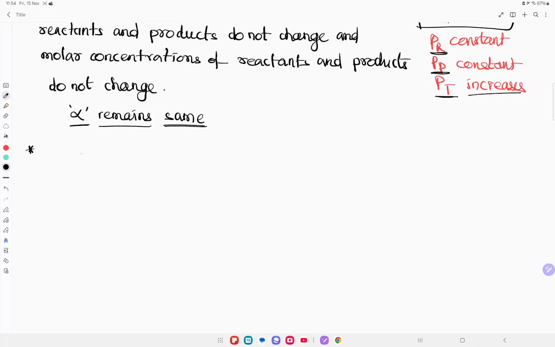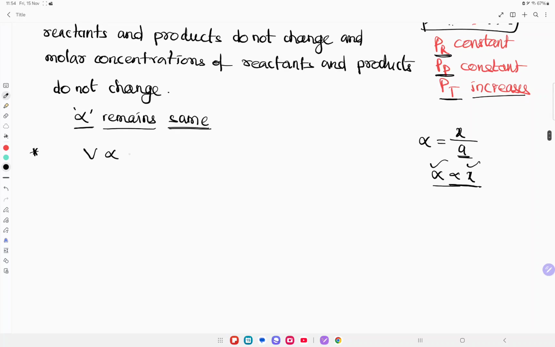Next, volume effect. So the effect of volume on degree of dissociation, alpha. Alpha is equal to X by A. If the initial number of moles are the same, alpha is proportional to X. So for proportionality, I can use alpha or X, both become the same.